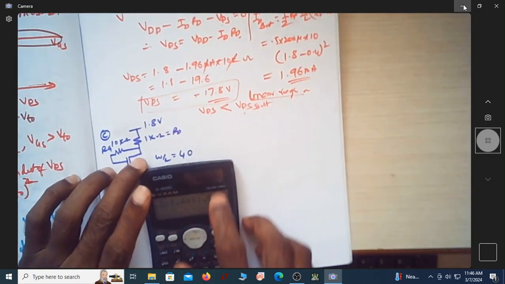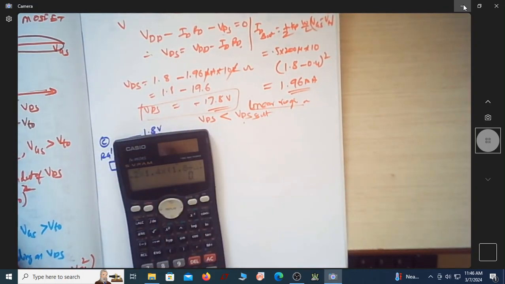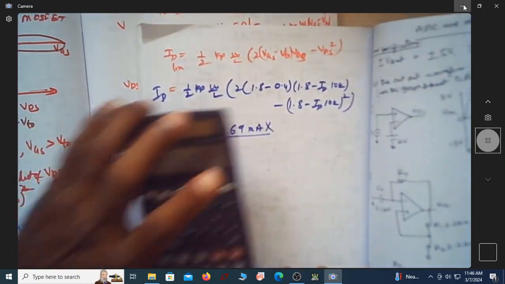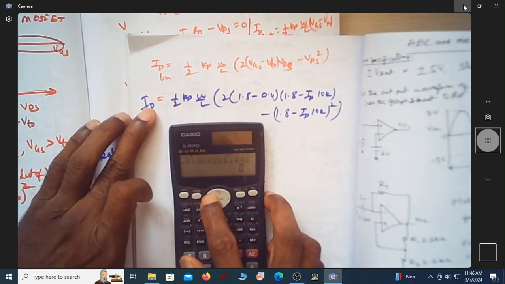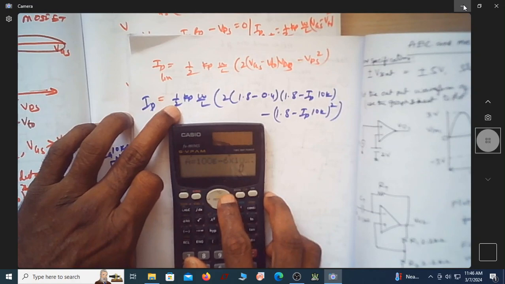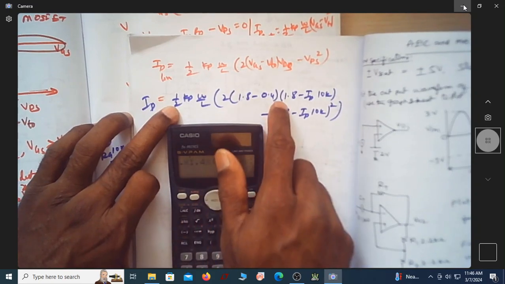Okay, we're substituting this value. So I need to substitute it as, let me just give you that. This is the equation I have. You can see now this is alpha A, this is half into 200, then it is 10, 2 into 1.4, then it is 1.8.